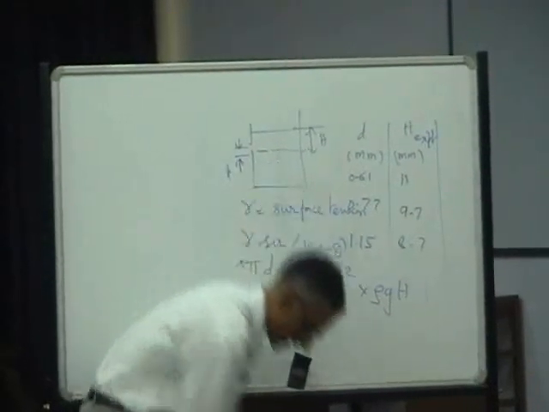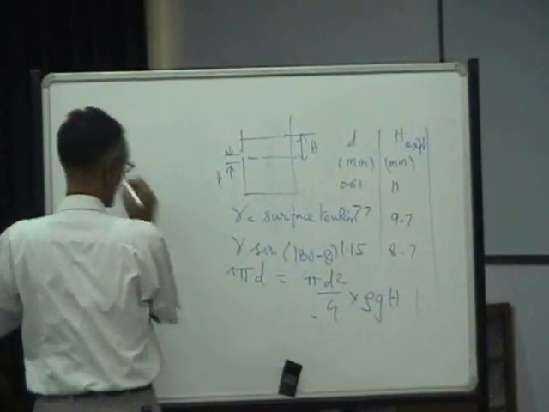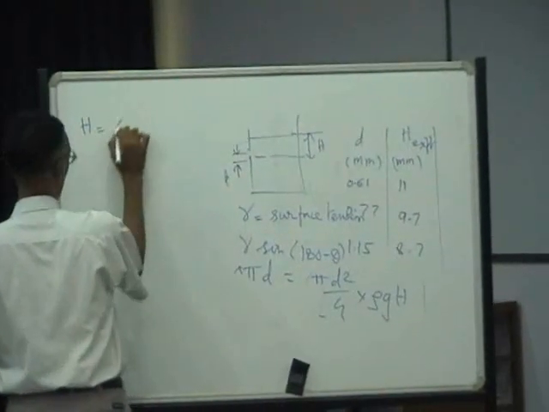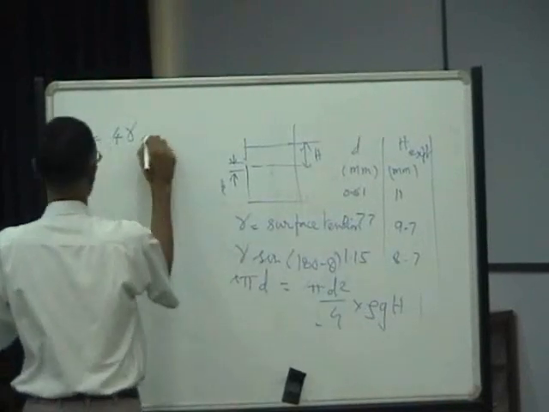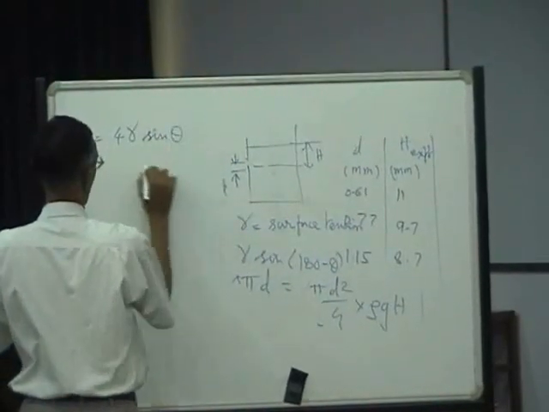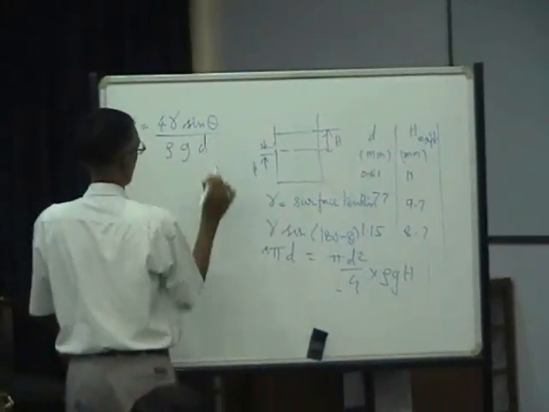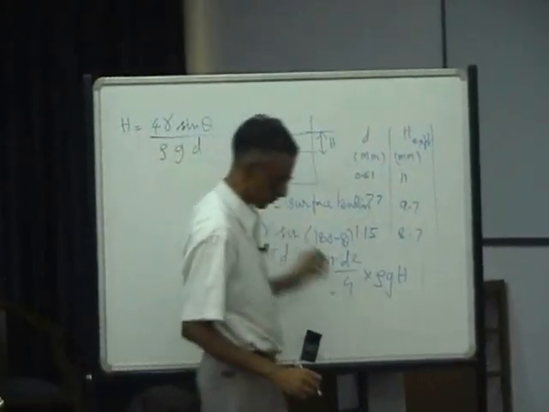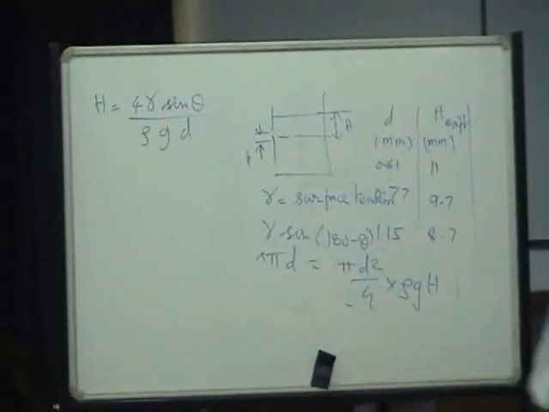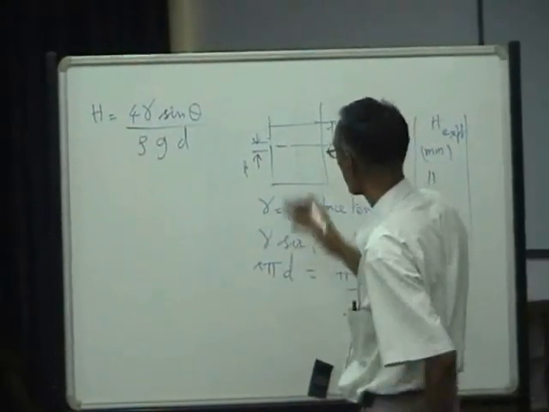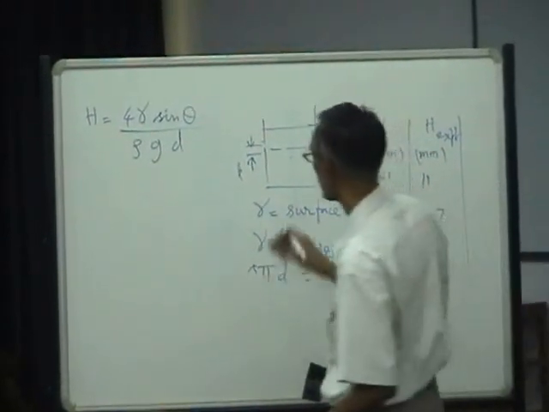I'm sorry, the magnet is coming out. So anyway, H will be 4 gamma sine theta over rho g d. So we can calculate with this. The problem is what value of theta to use, the contact angle. Professor Gandhi said theta may be quite large, but today I could not find time to check on the internet.